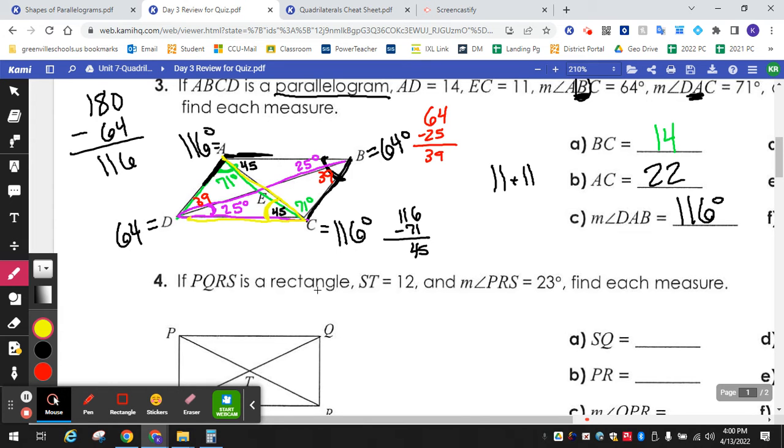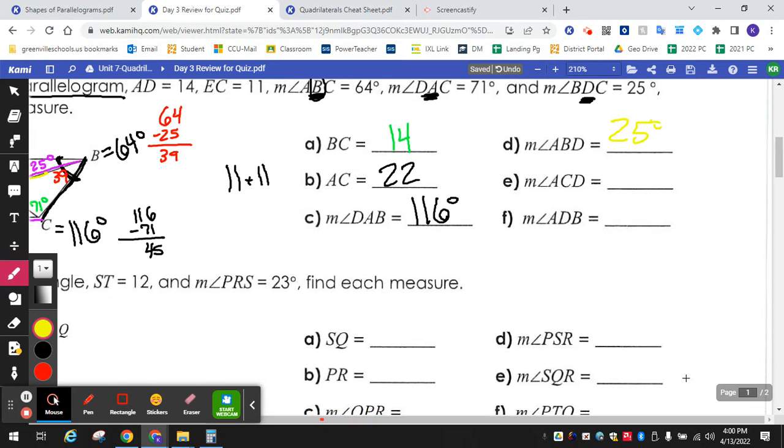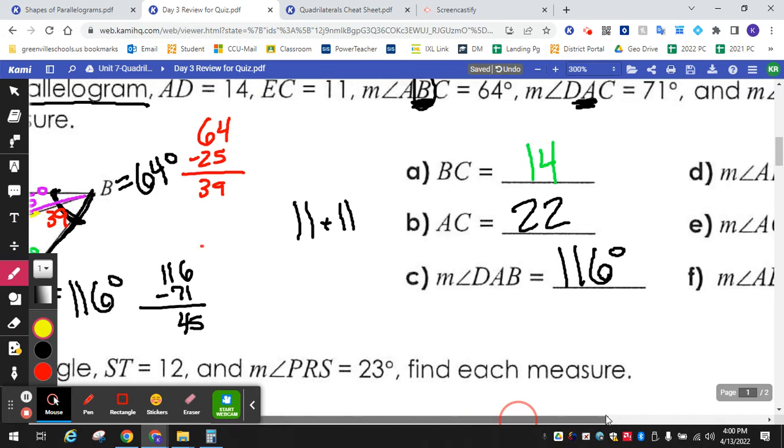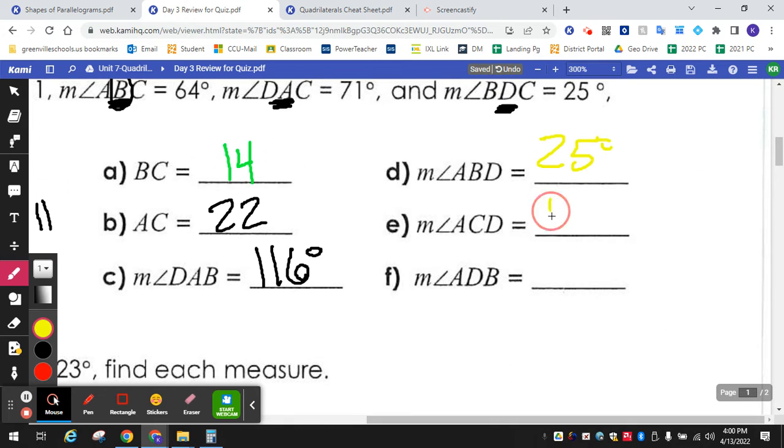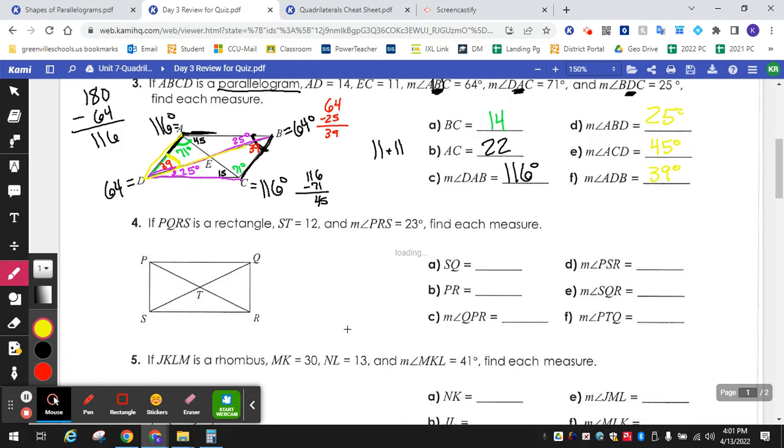In between is 45. And then lastly, we have from A to D to B. That's the last one we found out. 39. 25, 45, and 39.